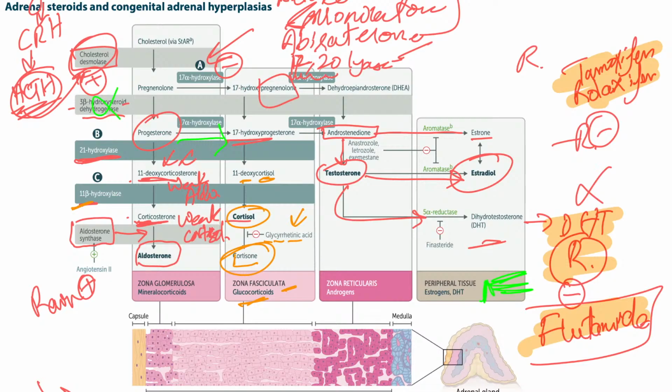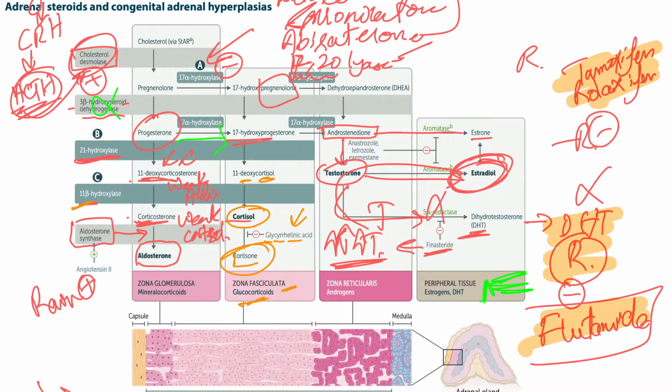What else can we talk about? Okay, one more thing. If you were to give finasteride, which is going to block the conversion of testosterone into DHT, guess what's going to happen? You are going to cause an increased level of testosterone, right? When there's an increased level of testosterone, that testosterone is just going to go back and get converted to estradiol.